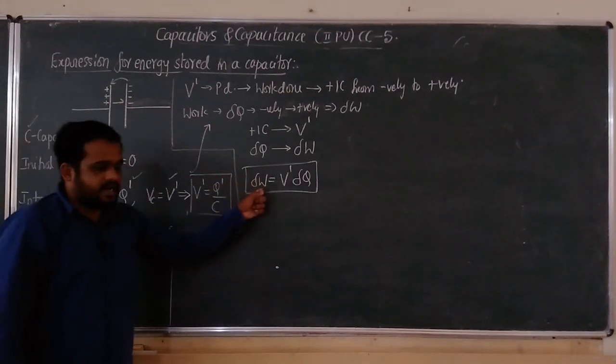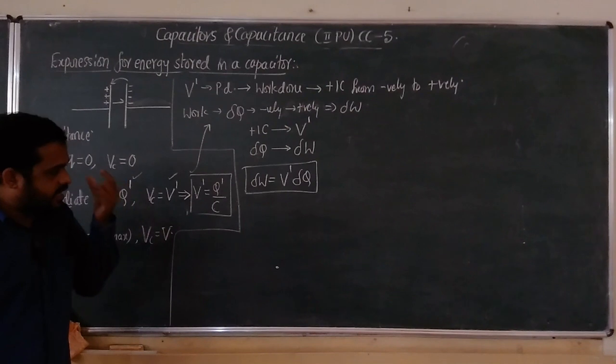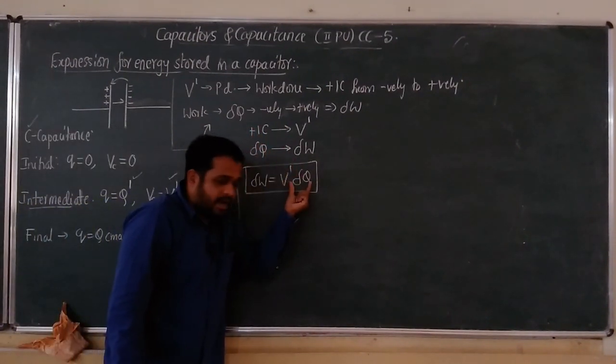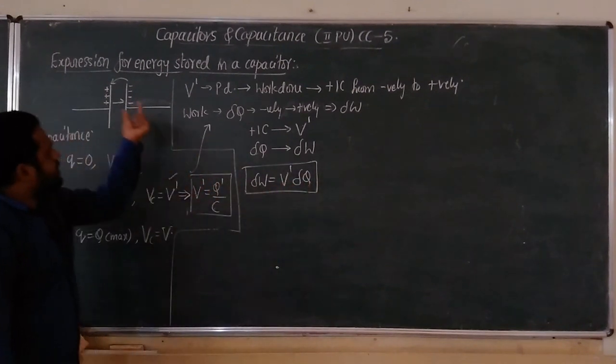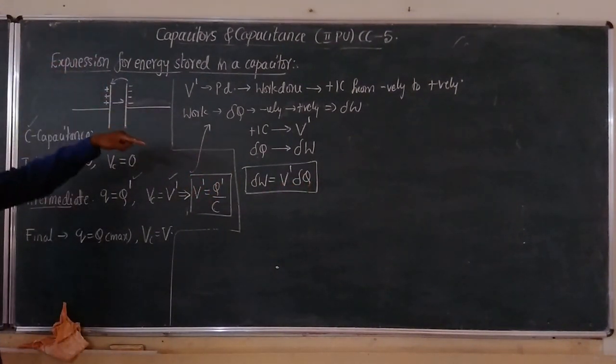Now what is this delta W? It is the amount of work done in displacing a small charge of magnitude delta Q from the negatively charged plate to the positively charged plate against the electric field.